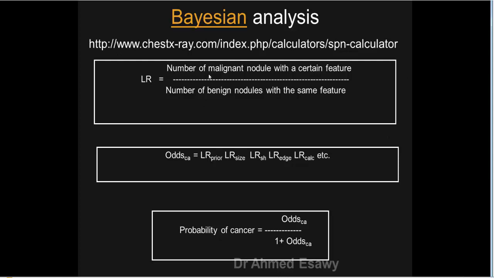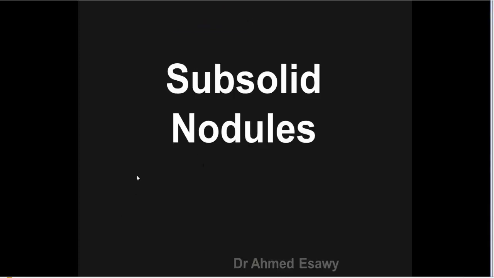We use the number of malignant nodules with a certain feature divided by the number of benign nodules with the same features, with odds related to size, shape, age, and calcification, and we do an equation for probability of cancer by using these odds to differentiate into benign, malignant, indeterminate.